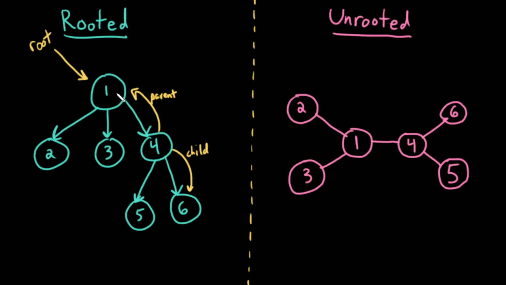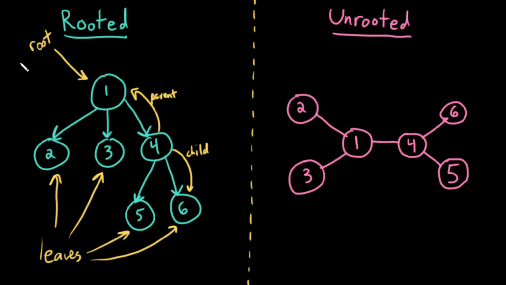The root is the top node in the tree, and it therefore does not have a parent. We also have multiple leaves, which are nodes that do not have any children. So the root has no parent. The leaves have no children.